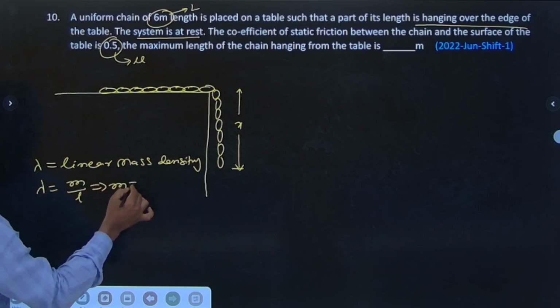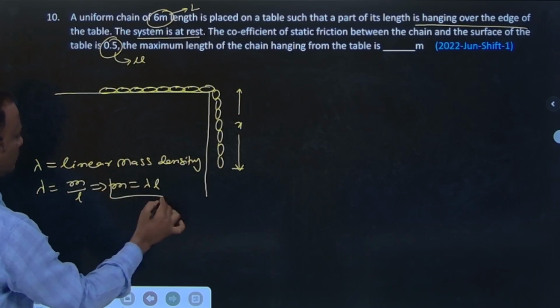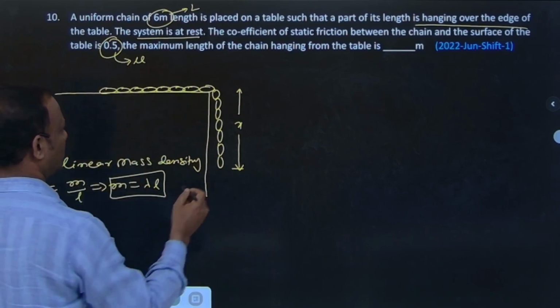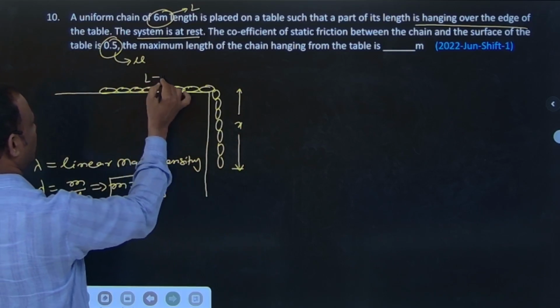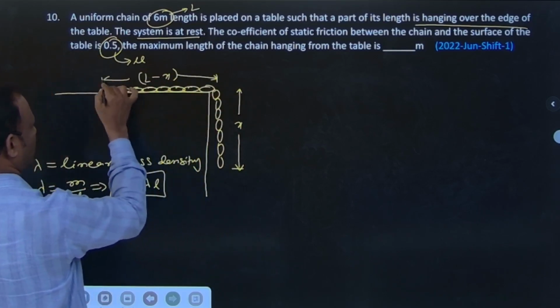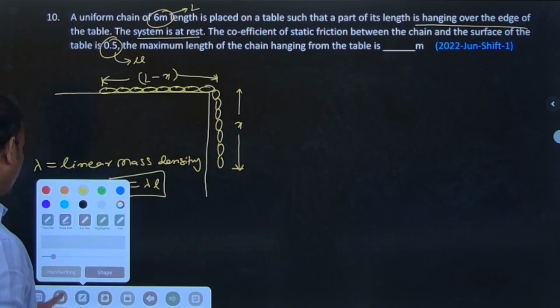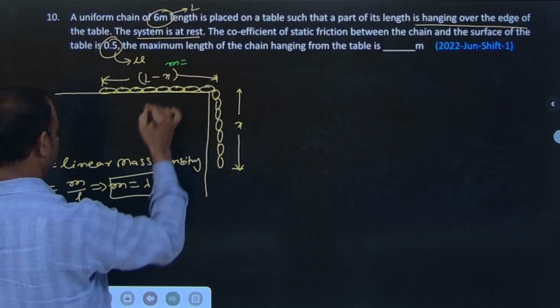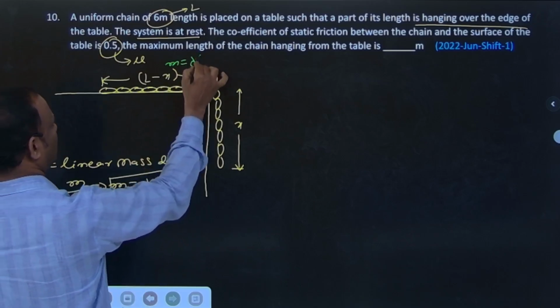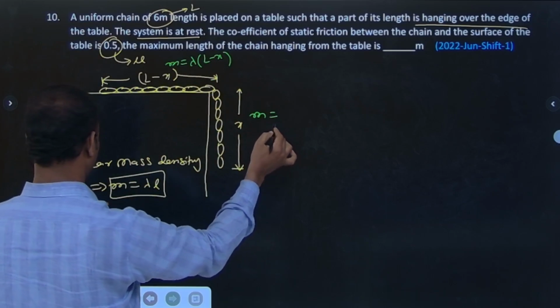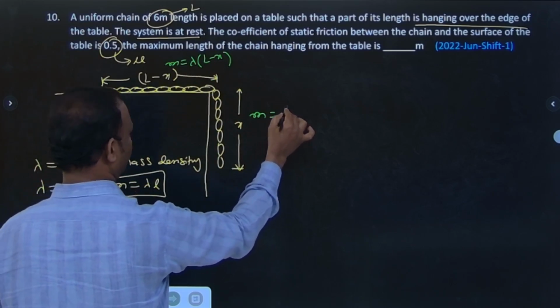So m is equal to lambda into L. Total length is L, the hanging part is x, so the part on the table is L minus x. Now careful on this. What is the mass of the part on the table? Mass m1 is equal to lambda into L minus x. What is the mass of the hanging part? Lambda into x.